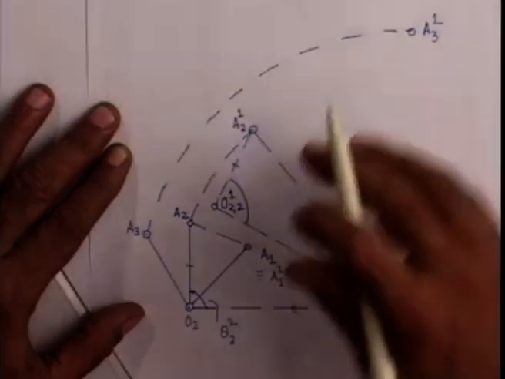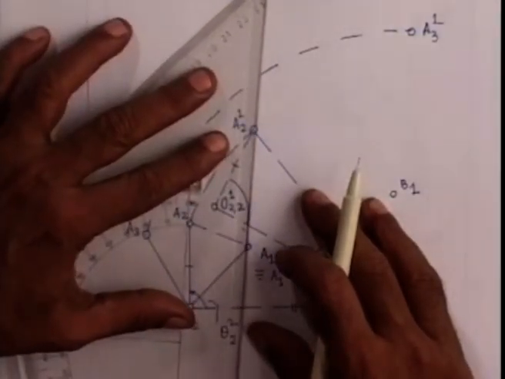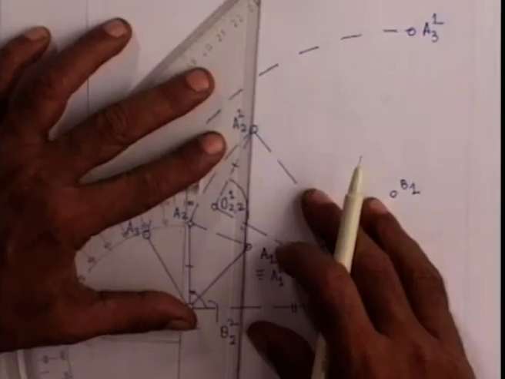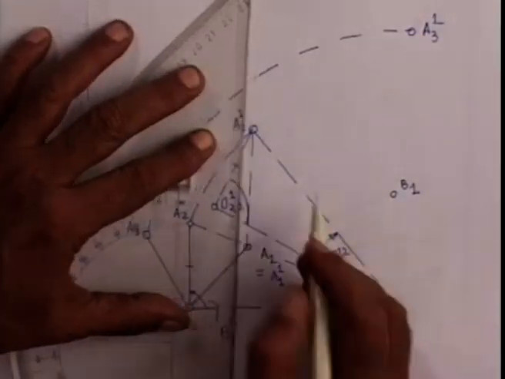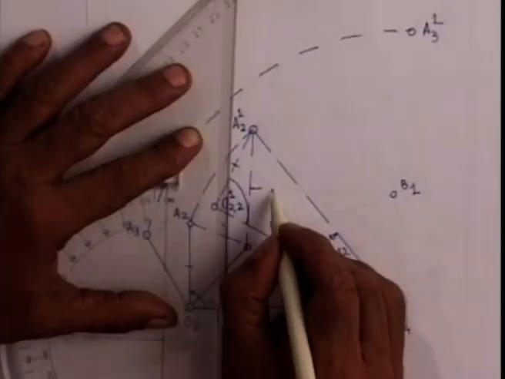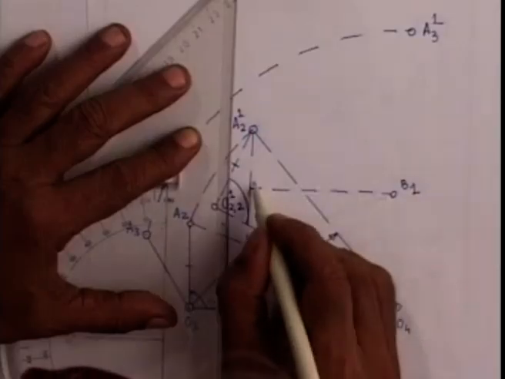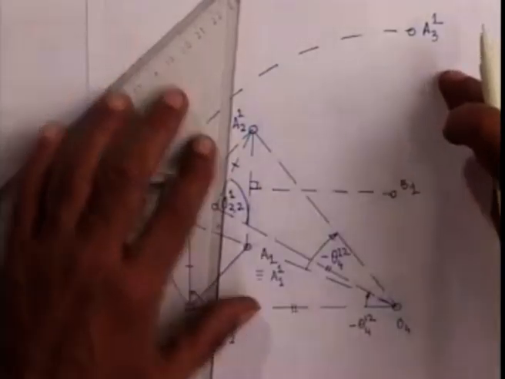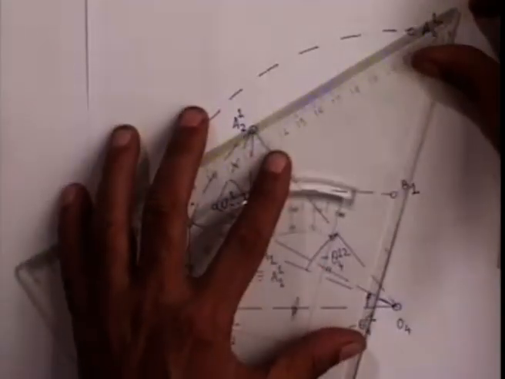Drop a perpendicular bisector of this line. This is the perpendicular bisector. Similarly, drop a perpendicular bisector of this line A21A31.